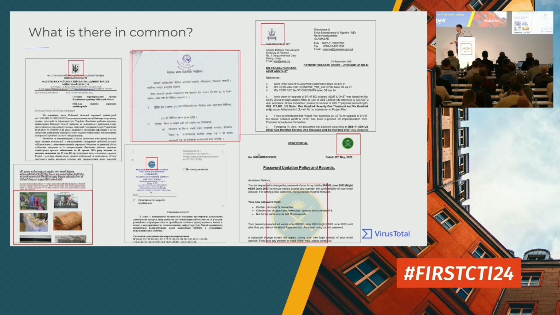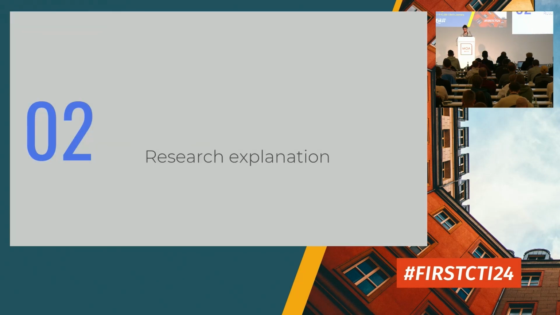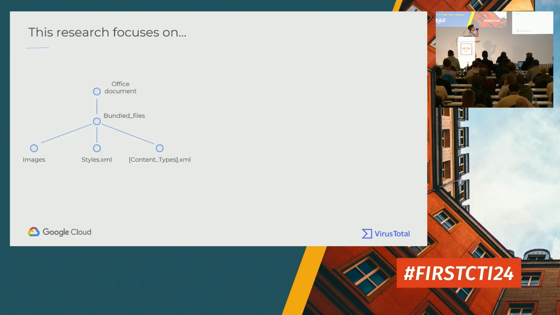And we are going to focus, as I said before, on the images, but also on the artifacts that are embedded within the Word documents or Excel documents, Office documents in general, that we have observed. So now let me explain the research and what we are going to focus on. First of all, we have the Office document.